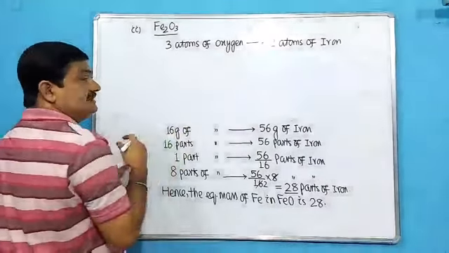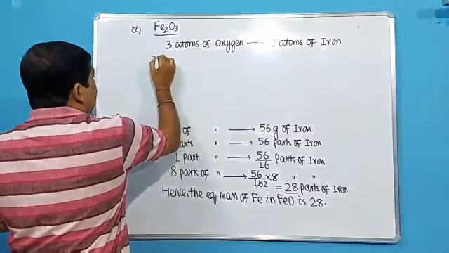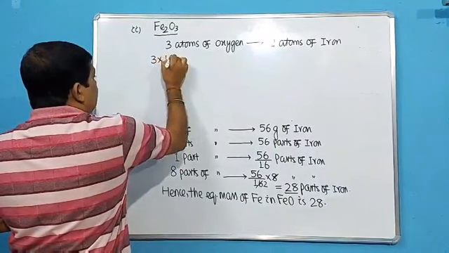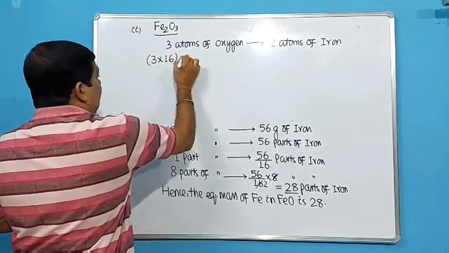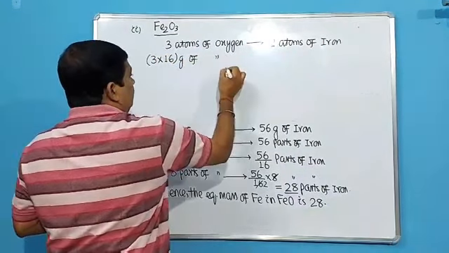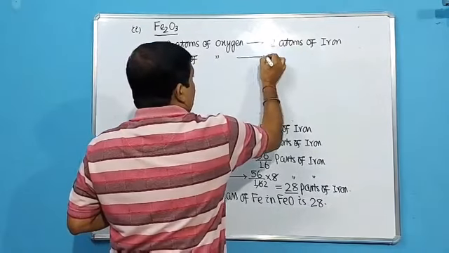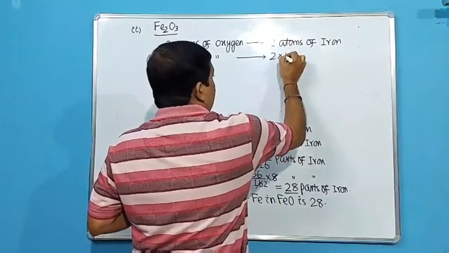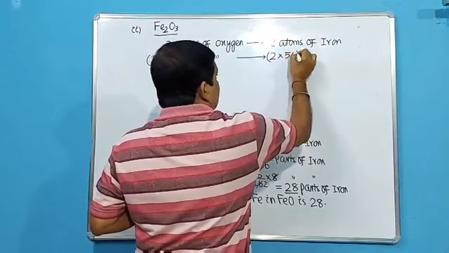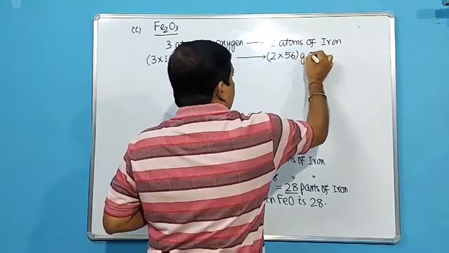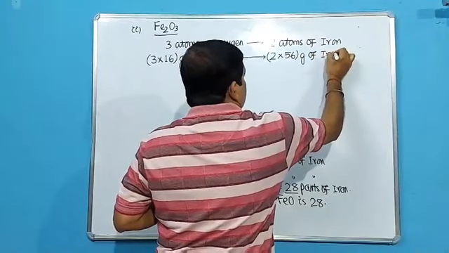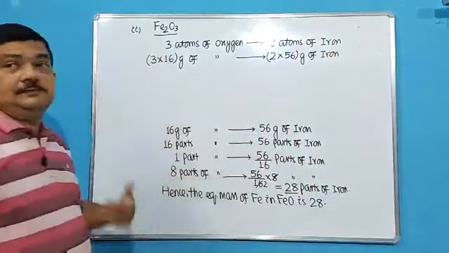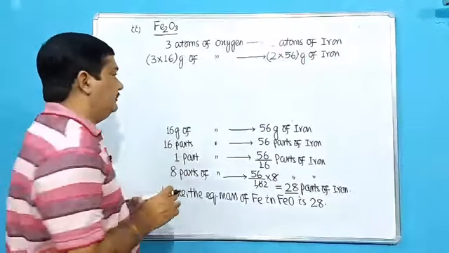Atomic mass of oxygen is 16. That means 3 into 16 gram of oxygen will combine with 2 into atomic mass of iron, that is 56. So 2 into 56 gram of iron. So pick up the answer from the formula itself.